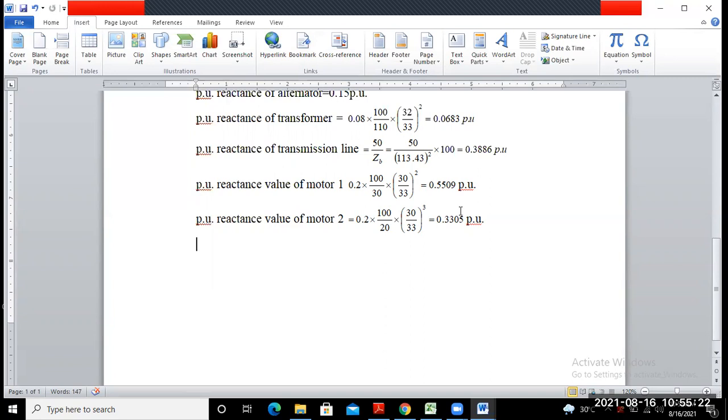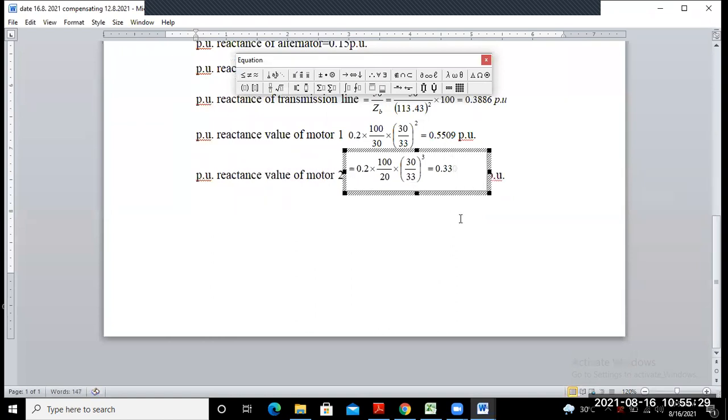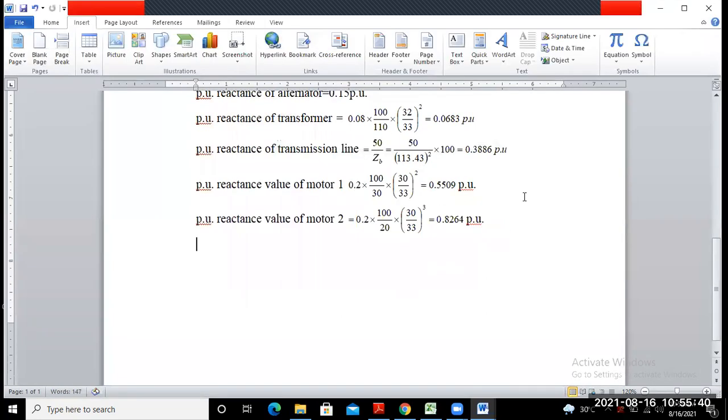This value is different, 30 by 33, that means this one is equal to 0.8264 per unit.